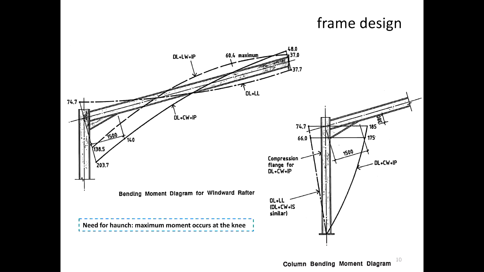The reason why you need a moment connection there is because you can see that the moment goes all the way beyond the haunch. So you need to ensure that the transfer from one rafter to the smaller rafter is a moment connection, if that's making sense. Is that clear?